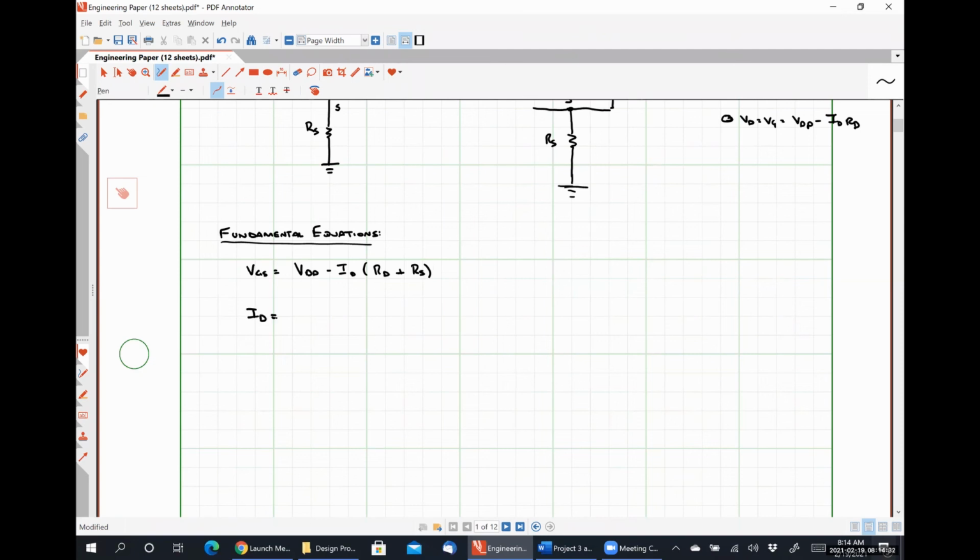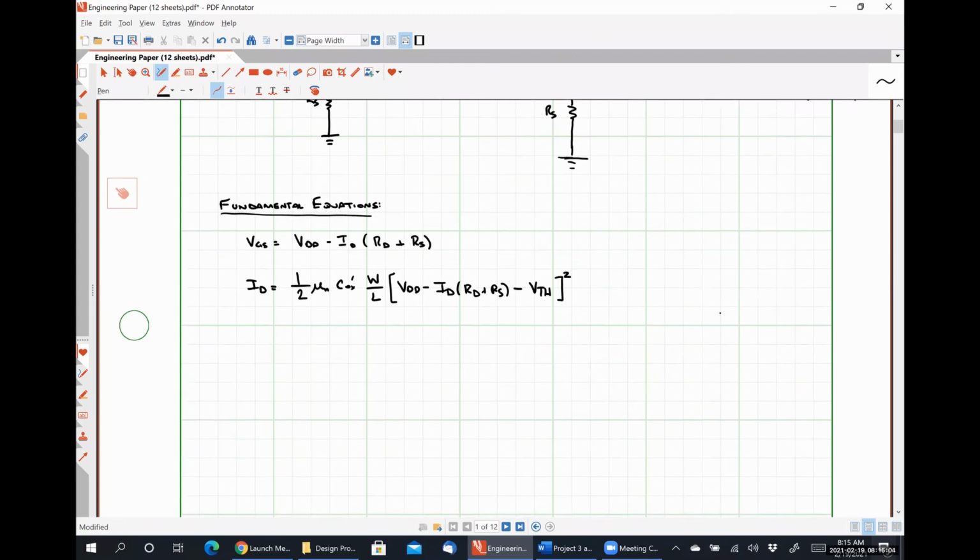Our drain current ID, because we are in saturation, will be 1/2 mu n C ox W over L VDD minus ID RD plus RS, so that's just simply VGS minus VTH quantity squared.